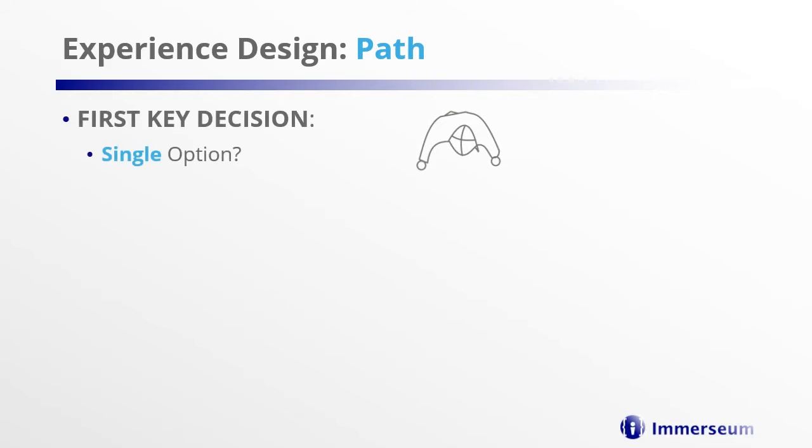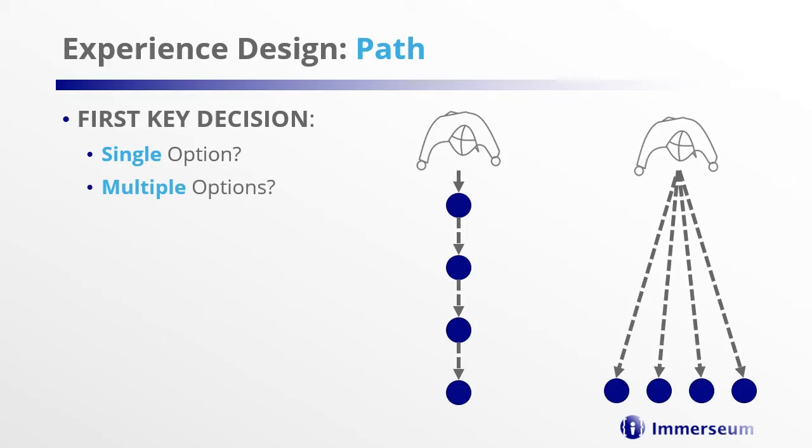The first key decision we like to focus on is whether a person has a single path to follow or multiple paths to follow in the experience. This decision shapes so much of the design that follows. If you have to give people multiple options, you need some way of actually giving them those options. This is a fundamental choice.